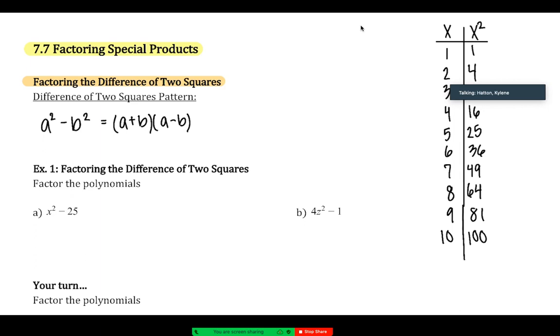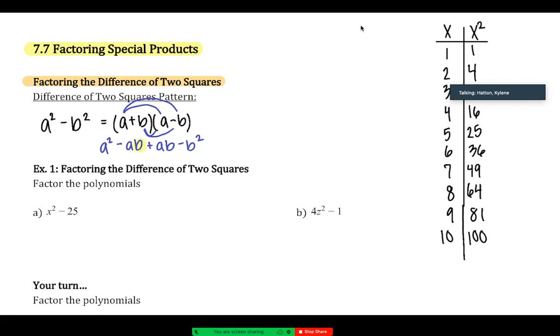And it's not by chance that it works out this way, because remember, whenever we factor, we can check our answers by foiling. So if we foil this pattern, a times a, that's a squared. A times negative b, that's negative ab. B times a, that's positive ab. And then b times negative b, that's negative b squared.